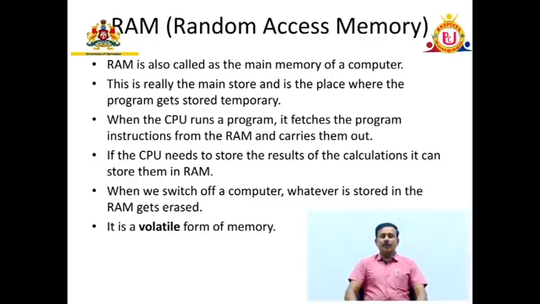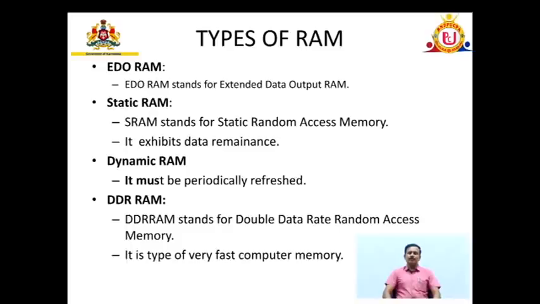Generally, there are two types of RAM, static RAM and dynamic RAM. In addition to that, one more is included, that is EDO RAM, extended data output random access memory. Mainly we have two types, static and dynamic. Static RAM stands for stationary. Once you switch on your computer, until you shut down or power failure, the contents will be stored continuously.